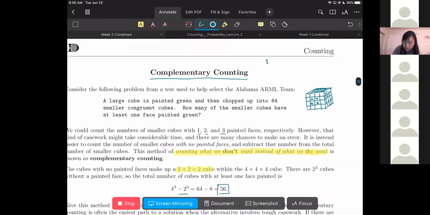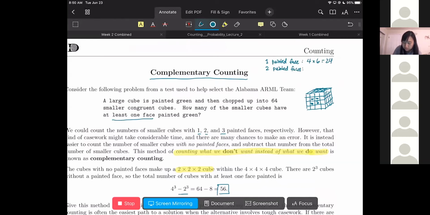You'd have to say, okay, there's 4 per side, and there's 6 sides, so that's 4 times 6. And then you'd also have to count, since it says at least 1 face painted green, how many have 2 painted faces.